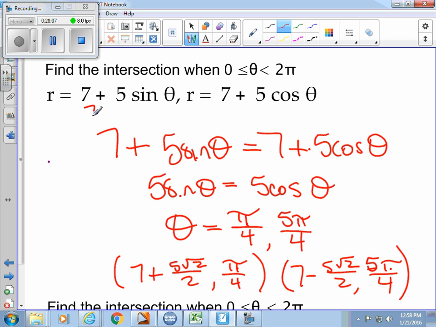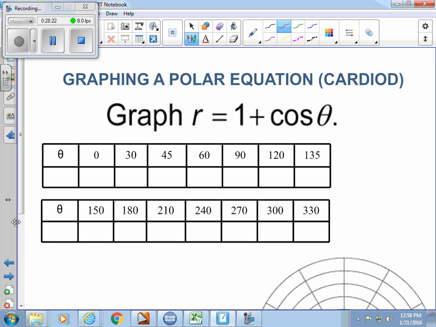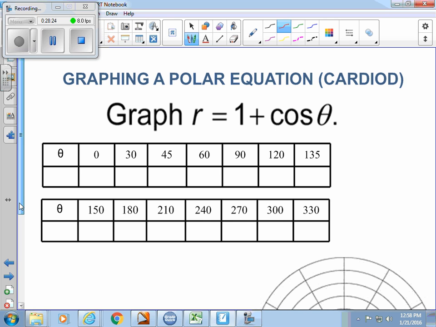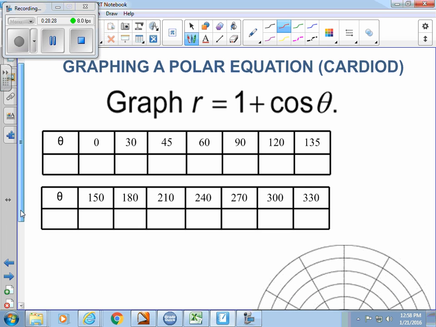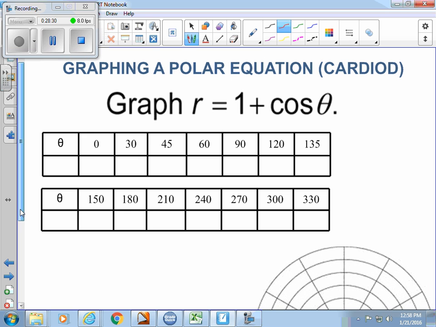It's 7 plus 5 sine of 5 pi over 4, just because sine of 5 pi over 4 happens to be negative radical 2 over 2. You probably have those memorized a little better than we do. We're picture drawers. But memorization is faster, so that's good.